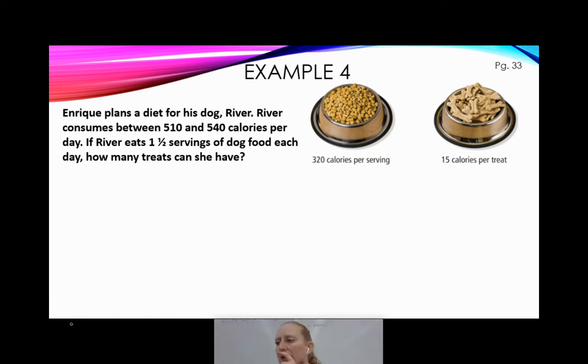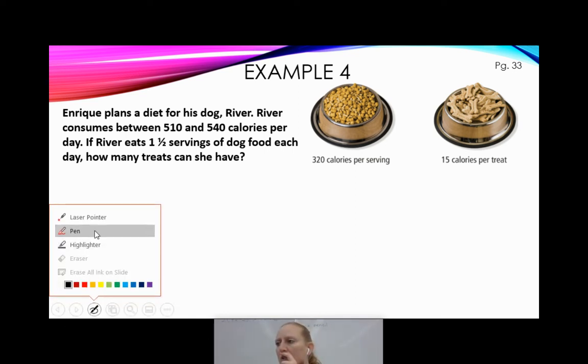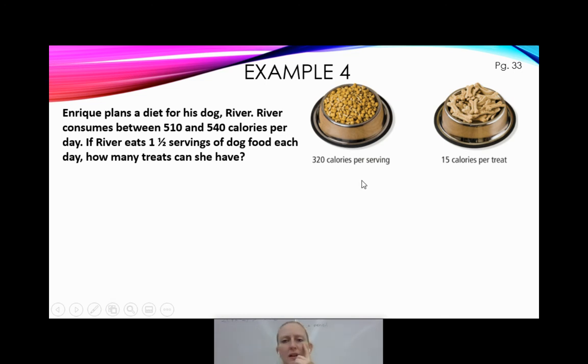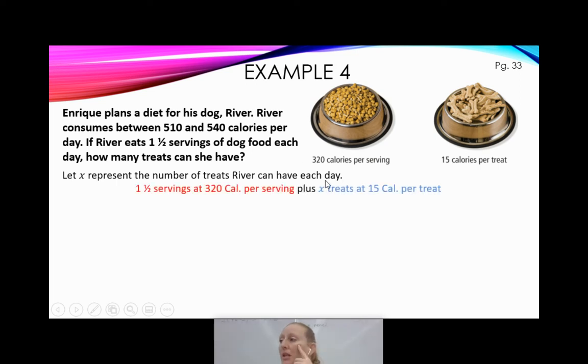So let's do some adjusting, shall we? Let's set up an equation. I'm going to let X represent the number of treats River can have each day. So I know that she's doing 1.5 servings of the 320 calories. Plus, she's also getting X number of treats at 15 calories per treat. So let's see if we can make an expression out of this.